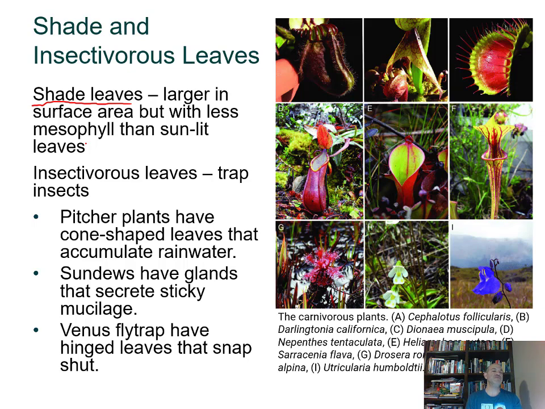And then the insectivorous leaves, those are made to trap animals like insects. You're probably familiar with a Venus flytrap, which you see a picture of there on the top right. When the insect lands in there, that triggers the leaf to close shut, and inside it has a fluid that helps digest and break down the fly, and then it absorbs those nutrients.